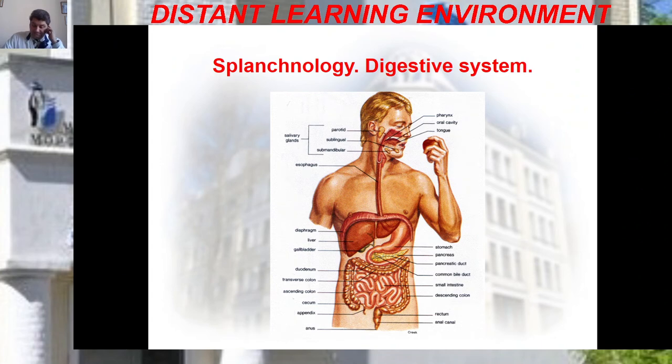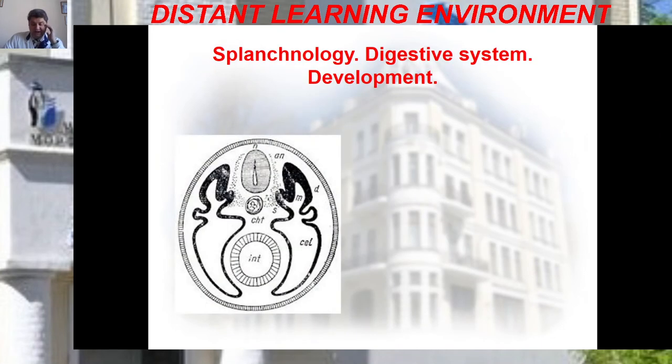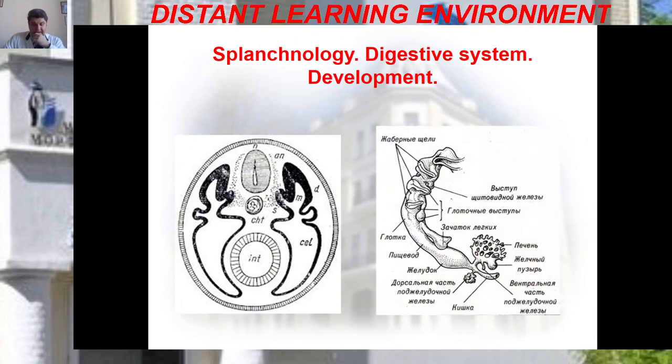So, the enterodermal primary alimentary canal is subdivided into three parts: anterior or foregut, from which develop the posterior part of the mouth, pharynx, esophagus, stomach, and the initial part of duodenum.